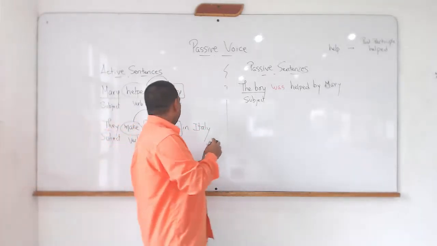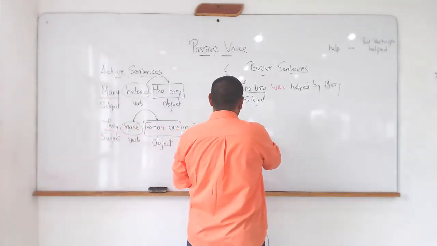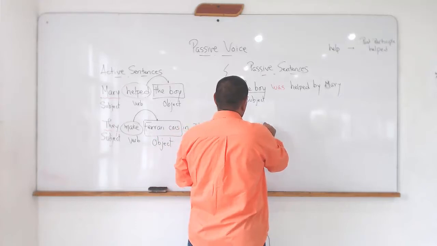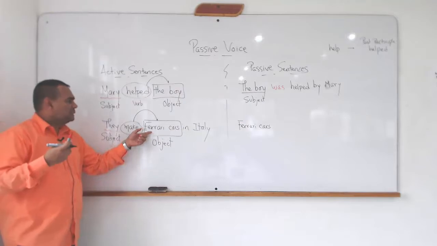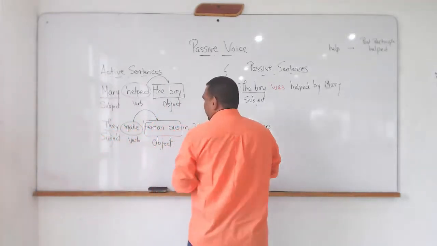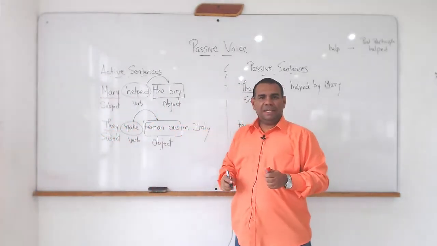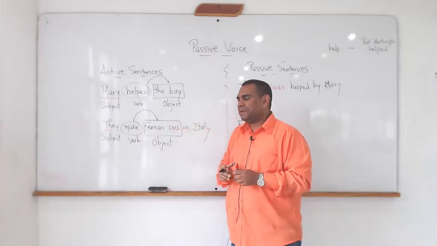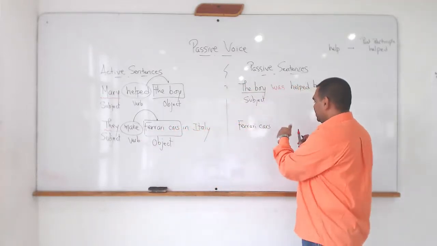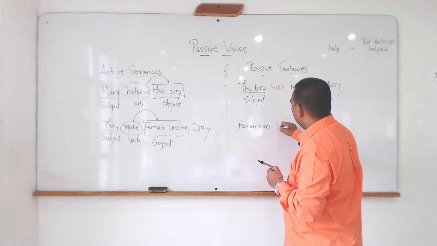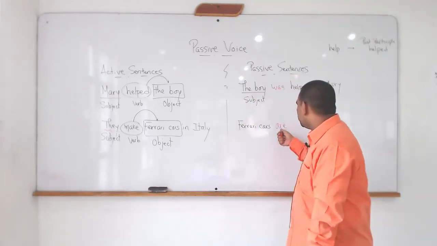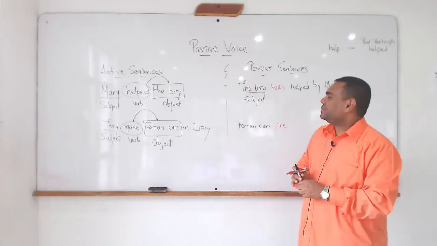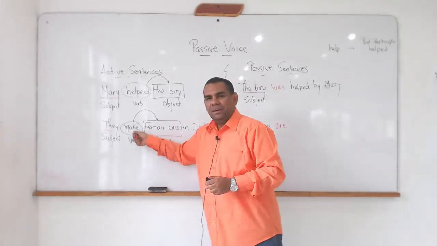So let's do it. We say Ferrari cars, and in this case I'm taking the object into account, Ferrari cars, and here the verb is in simple present, so I'm going to use simple present here too, of the verb that I had mentioned before, which is to be.